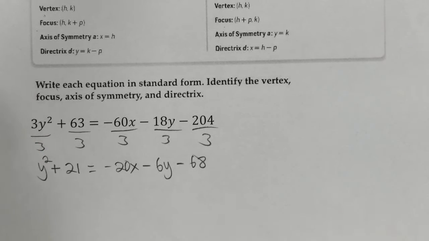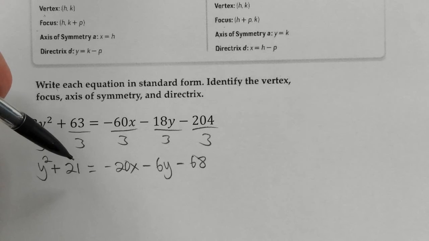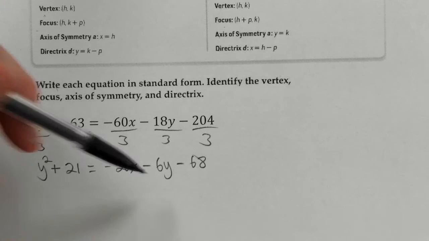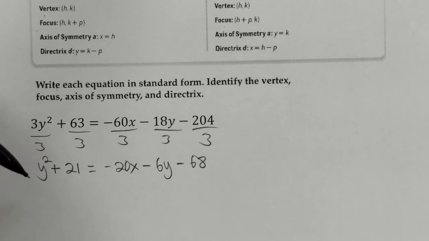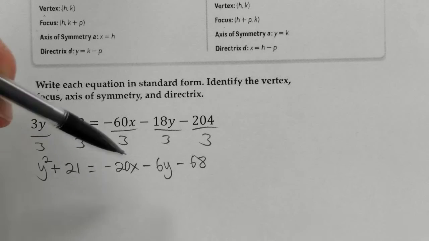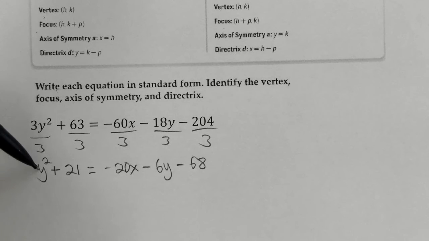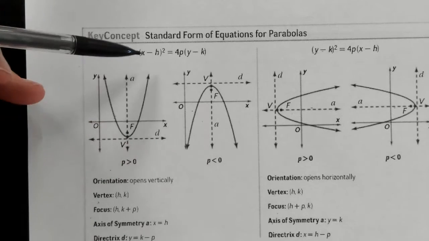The next thing that we can do here now is, and by the way, I left my squared off right here. So what we want to do on this next part of it is we want to group all of the y terms together and then all of the x terms together, right? And the reason why we want to do this is based on whichever one's squared, you want to group all of those together on the left-hand side, because that is the one that we're going to use completing the square to turn it into this form.